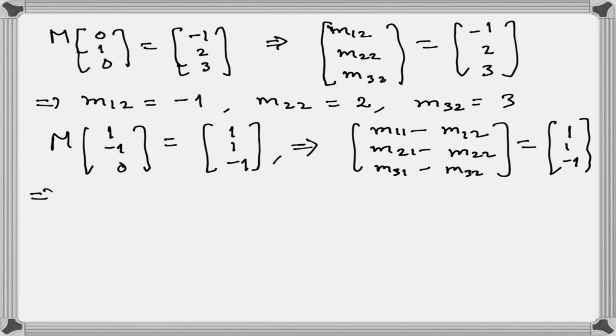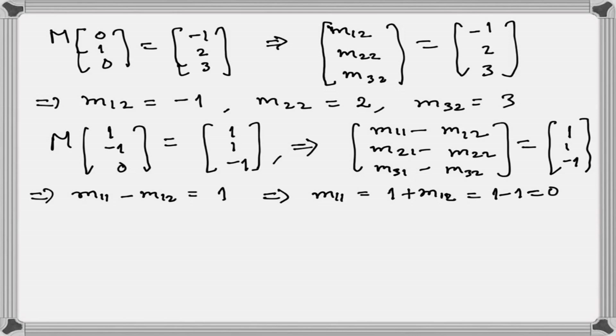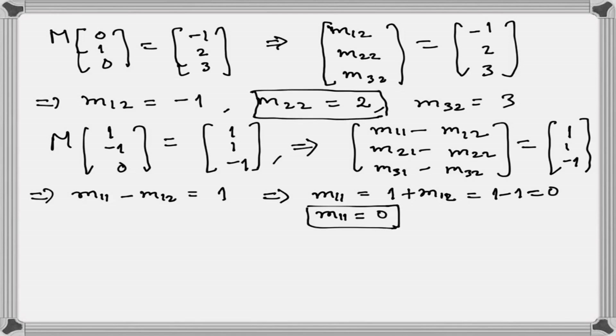So this implies M11 minus M12 is 1, so M11 is equal to 1 plus M12. M12 is minus 1, so it's 1 minus 1, 0. So M11 is 0. This is the first diagonal entry, and this is the second diagonal entry.